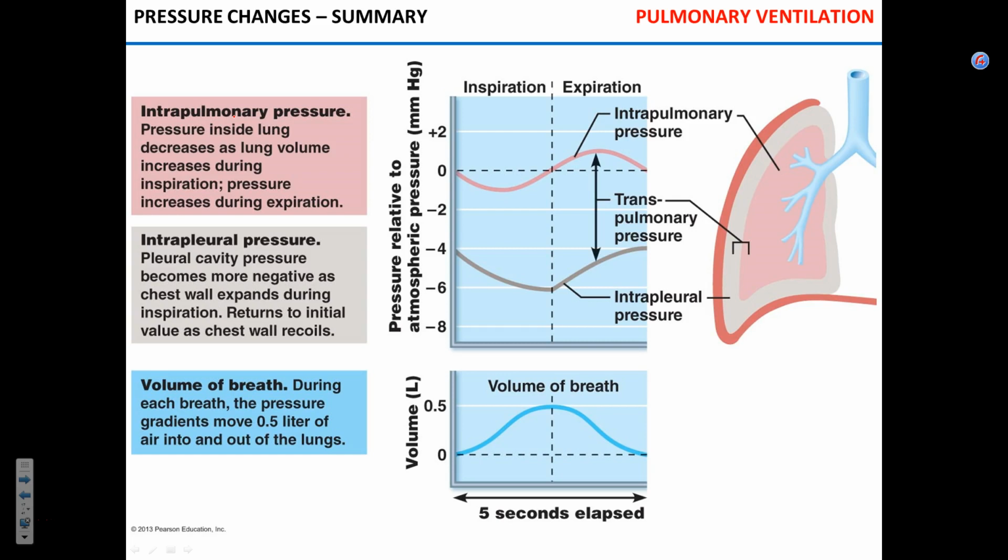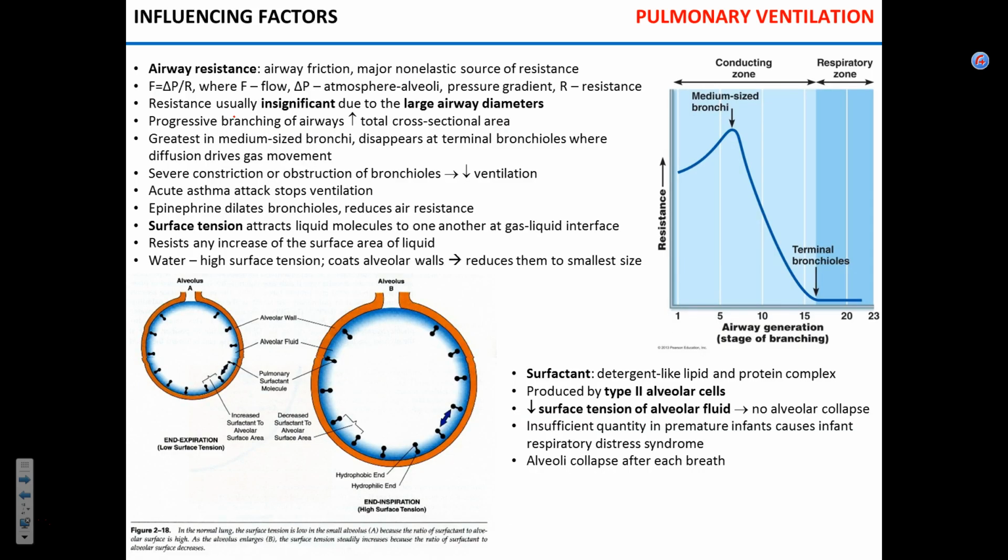Makes sense, right? And exhalation is a passive process. All we need to do is let the lungs recoil, and they will expel the air themselves. With that in mind, let's take a look at what factors increase the pulmonary ventilation.